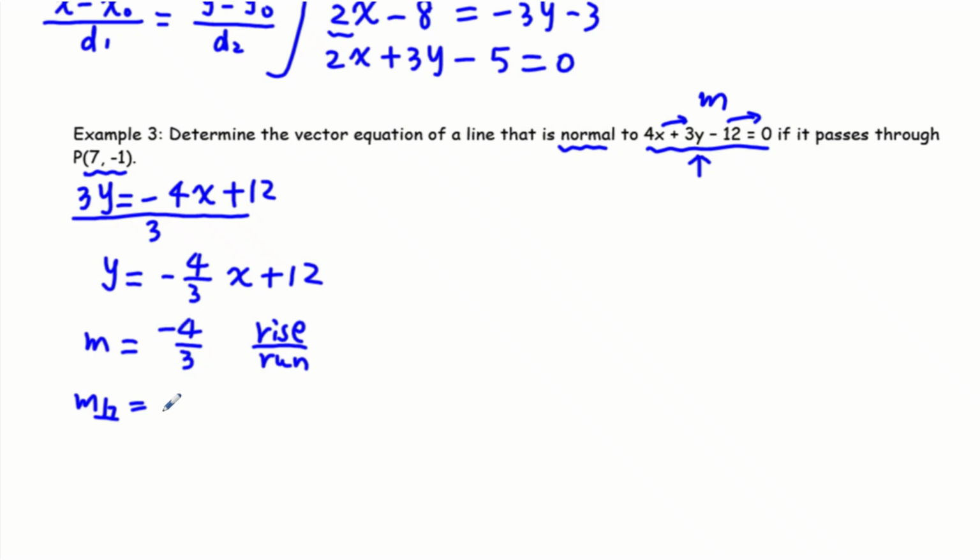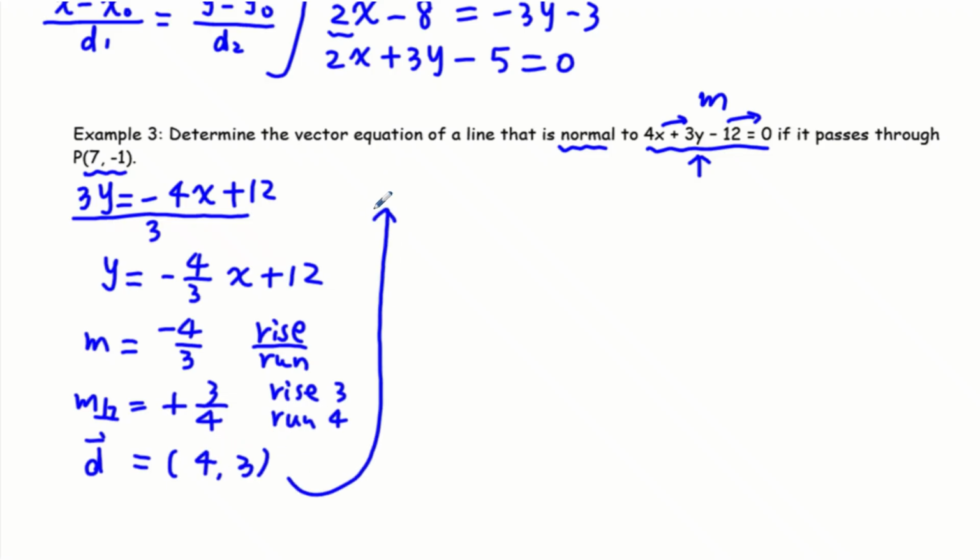So negative becomes positive, reciprocal is 3 over 4. So rise is 3, run is 4. The direction vector will give us run first, rise after. So we have d is 4, 3, R0 is a point on the line.